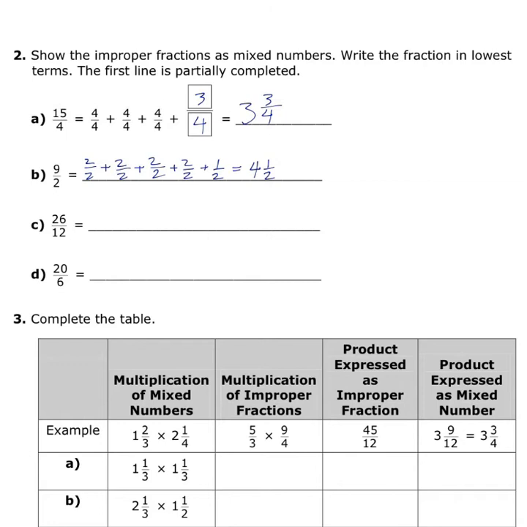And 26 over 12 is 12 twelfths. That's 1 whole. Another 12 twelfths will give us 24 twelfths. And there are 2 more twelfths. So we have 2 whole plus we have 2 twelfths. And the 2 twelfths can be reduced to 1/6 by dividing the top and the bottom by 2 here.